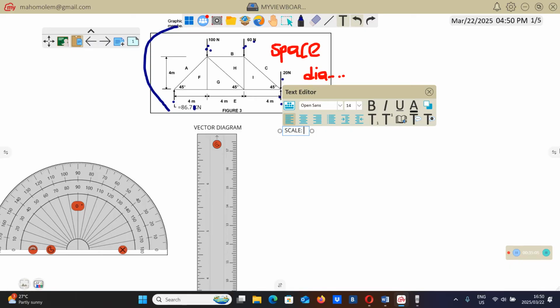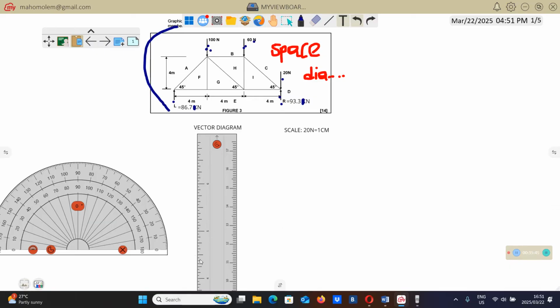Right, I can see here 100 Newton. If I say 100 Newton equals 1 centimeter, I think it's going to be long. Okay, let me just say 20 Newton will be represented by 1 centimeter. So that is my scale.